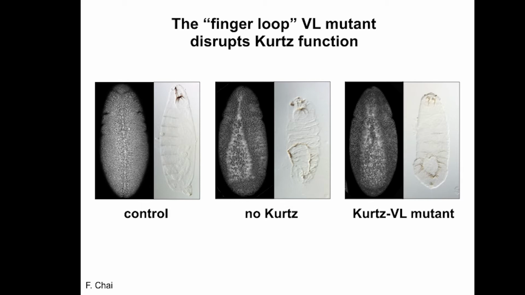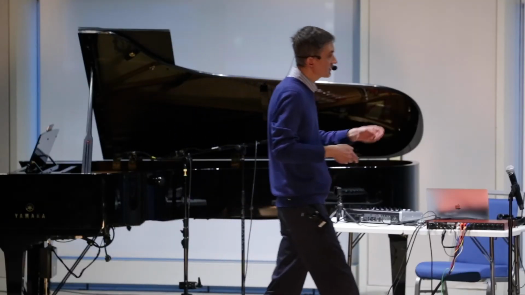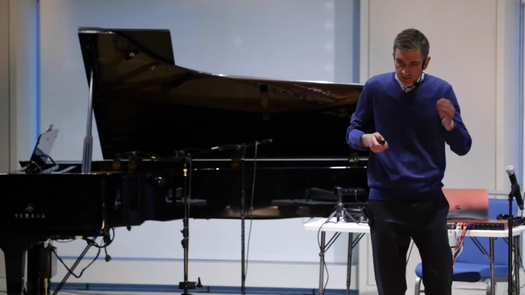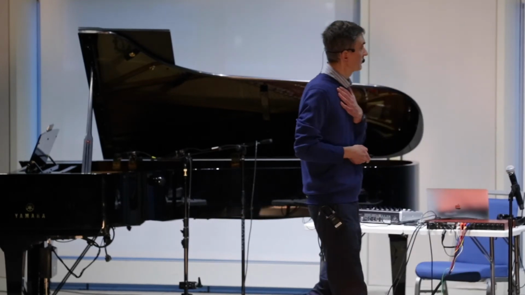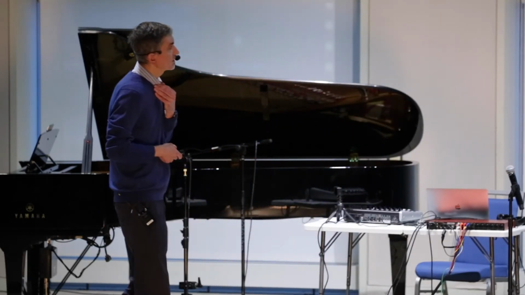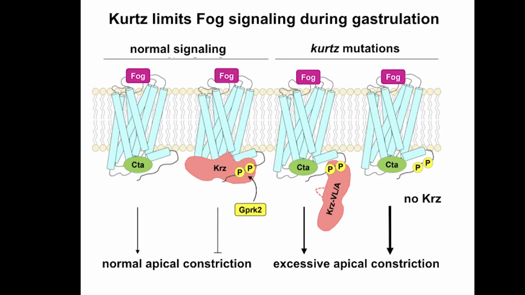The embryos cannot complete gastrulation properly and end up with an opening like that. So as you can see, it is as important to activate the pathway as it is to turn it off eventually.